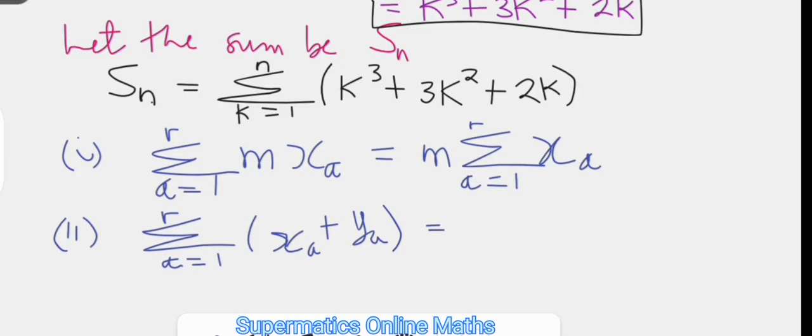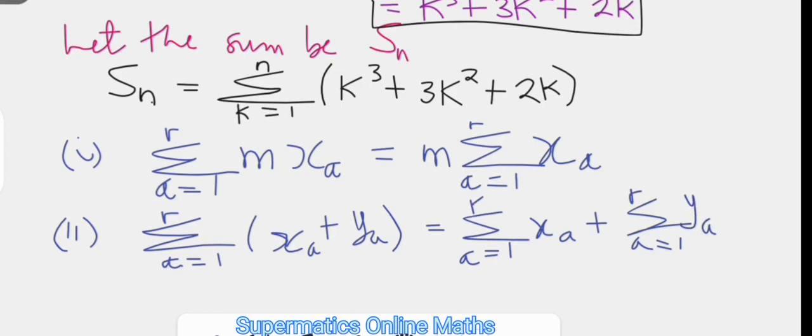This is the same thing as the sum a equals 1 to r of xa plus the sum a equals 1 to r of ya.